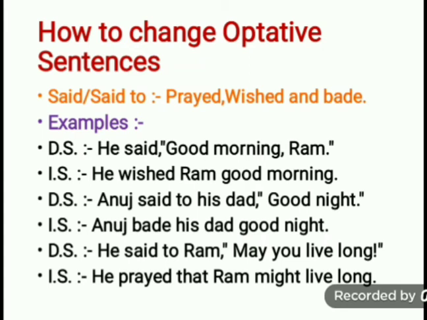That's why we haven't written he prayed Ram, because he is not praying to Ram, he is praying to God, that's why we wrote he prayed that. He prayed that Ram might live long. May is to be converted into might, then live, then long.